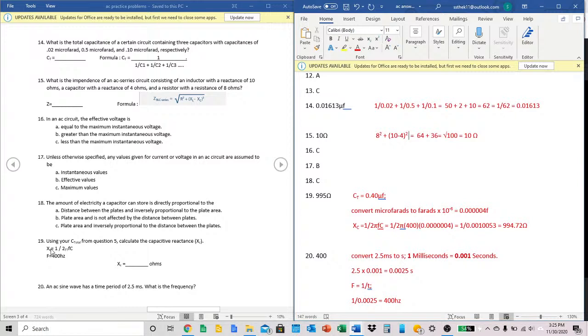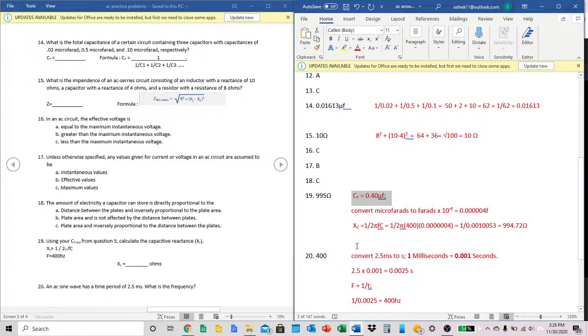Capacitive reactance equals 1 over 2 pi fC, where f is frequency and C is your capacitance total. What we want to do first is convert microfarads to farads. In order to do that, we multiply 0.4 times 10 to the negative 6. That's how we make microfarads into farads, and that gives us this really long decimal, 0.0000004 farad.